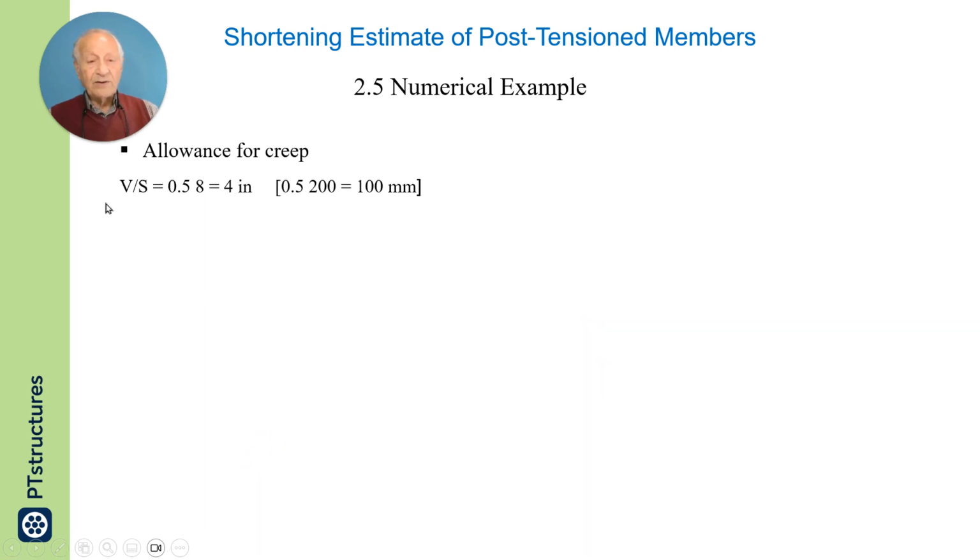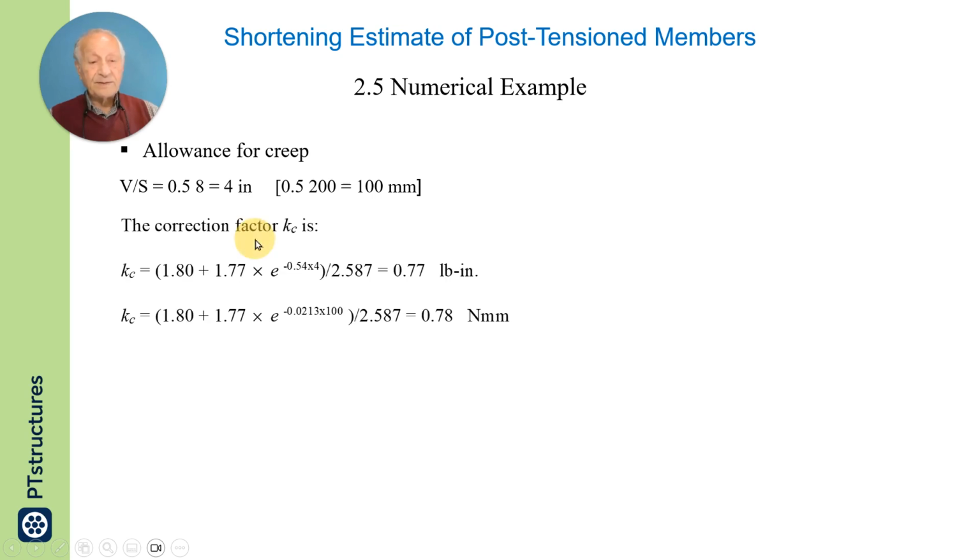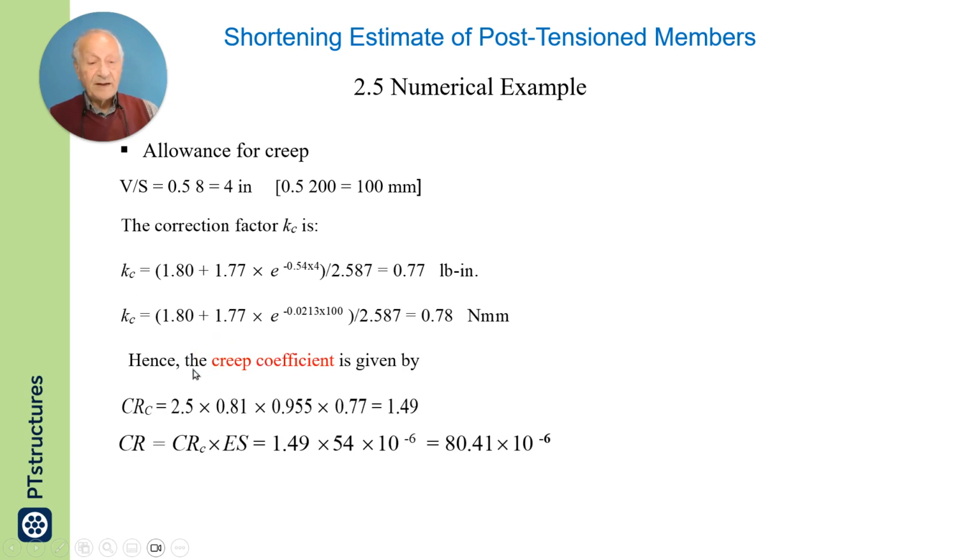And now volume to surface ratio for creep. Volume to surface ratio is half thickness, 4 inches. The correction factor for it is given by this relationship, putting the numbers in the relationship we had for creep. So the creep coefficient will be 1.49.